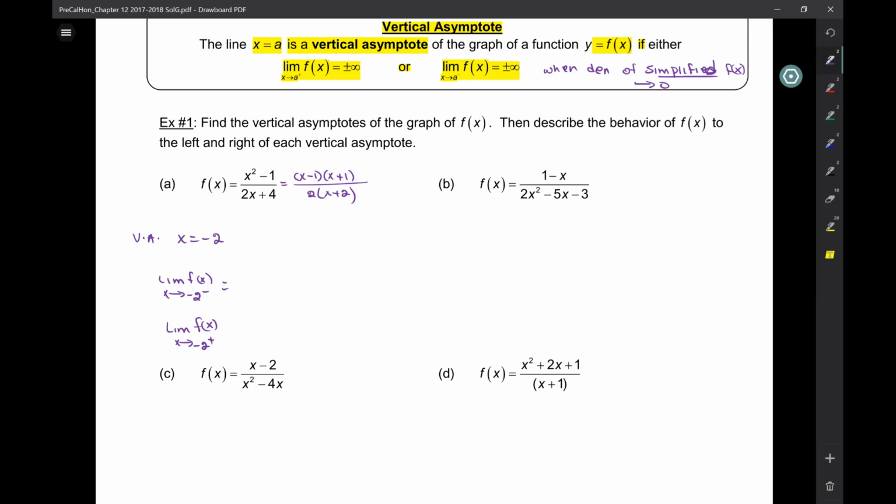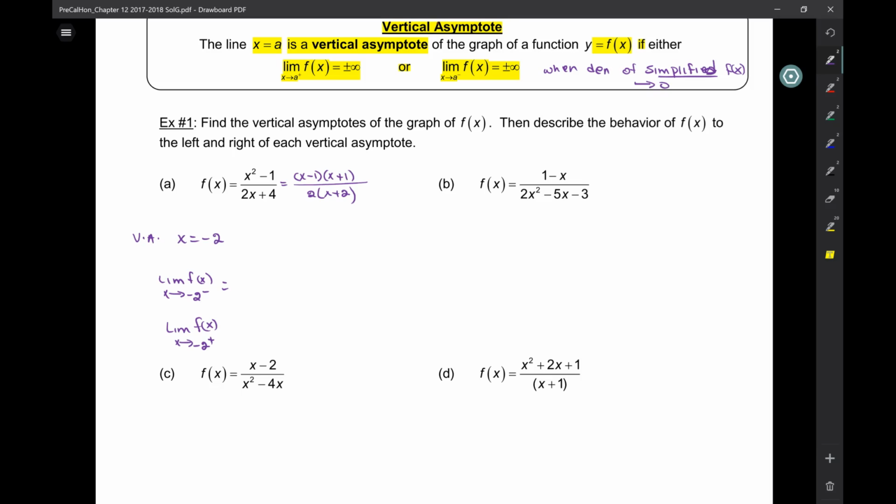All right. So if this is approaching negative 2 from the negative side, that's like negative 2.01, let's say. Now, if I plug that into the first parentheses on top, I get a negative value. Right here, I also get a negative value.